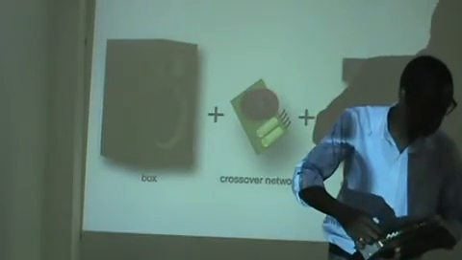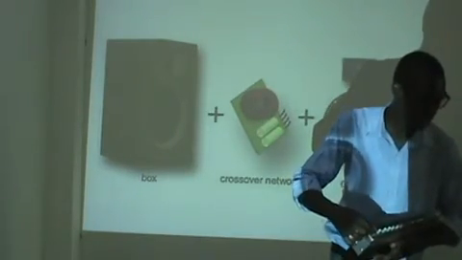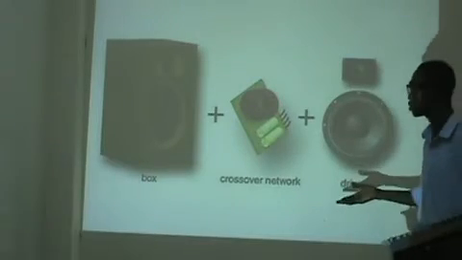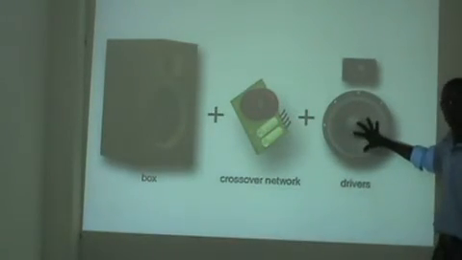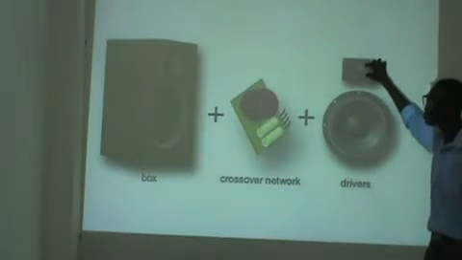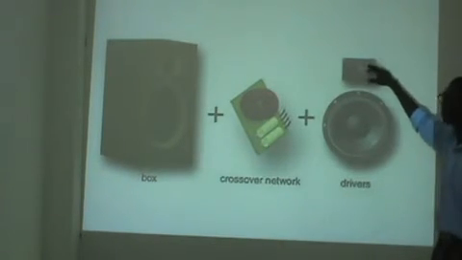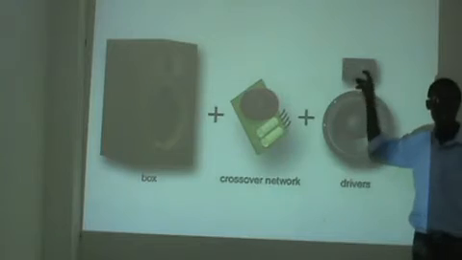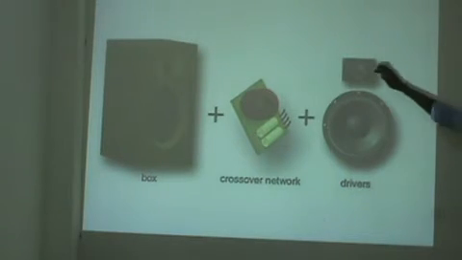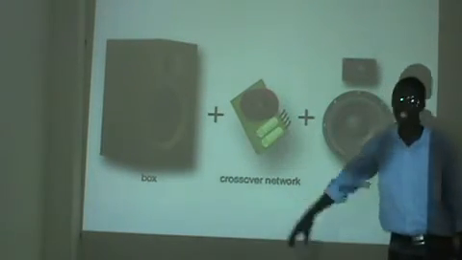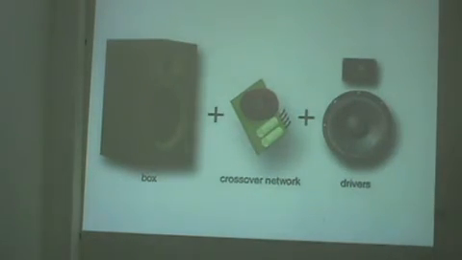But this is the input. So that it will be possible for this one to sound mid or low, and for this one to only play the high. Otherwise, this one can't play bass. If you play bass, it's going to burn or you're going to see smoke. For this one not to easily burn, that's the work of the crossover, to share the frequency to each speaker by ranges.